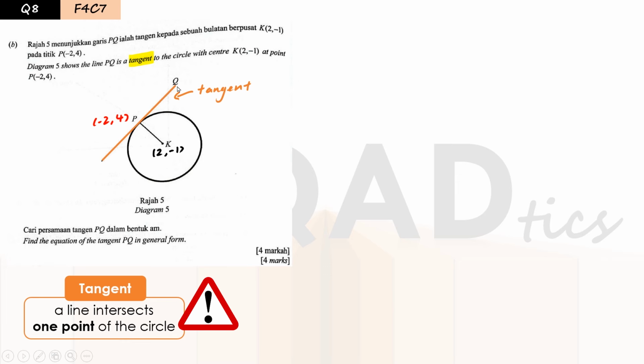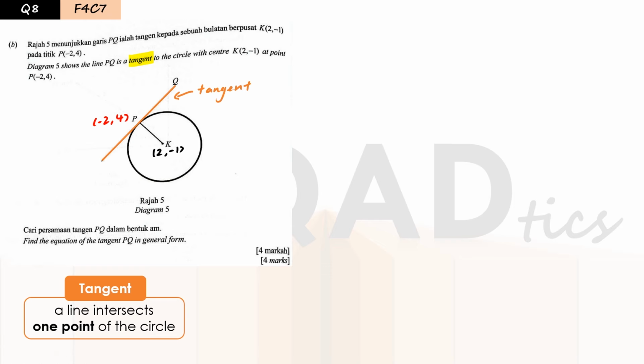So this time, this line intersects at point P. Okay, and we have the coordinates of point P here, which is -2, 4. And we also have the coordinates of the center of the circle, which is point K, and the coordinates are 2, -1. Alright, so now we need to find out the equation of tangent PQ.